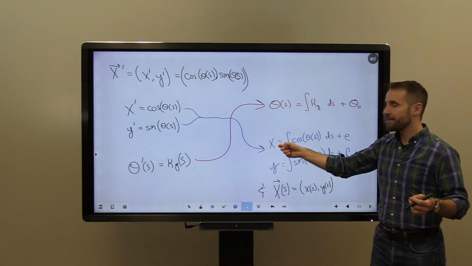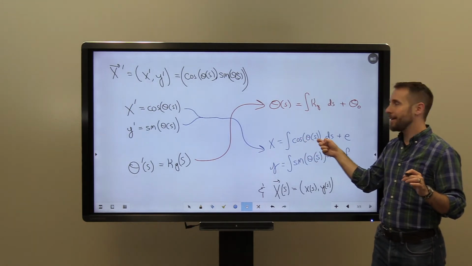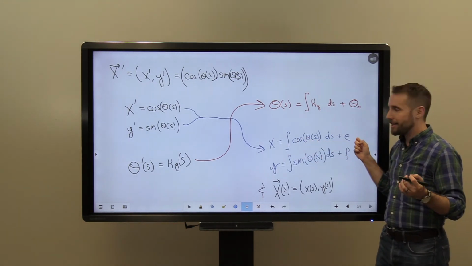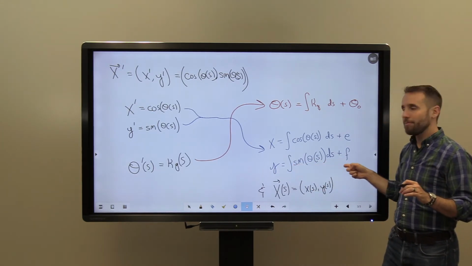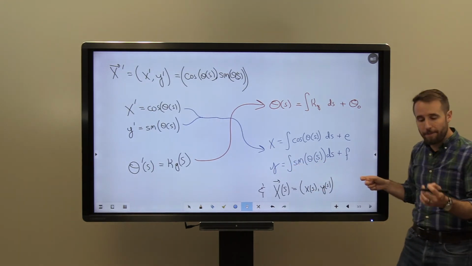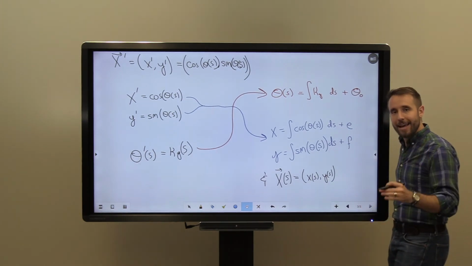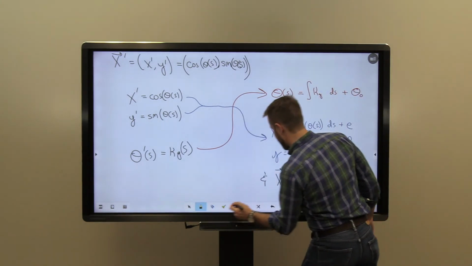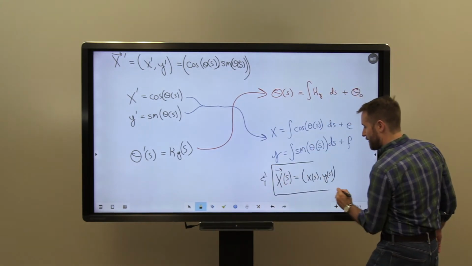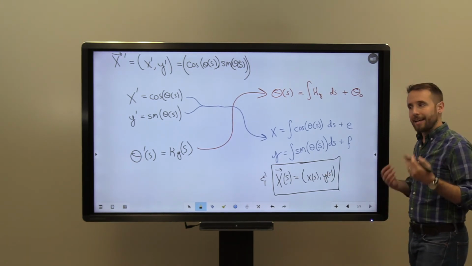So x of s, little x of s, is just the integral of cosine of theta plus a constant, and little y is just the integral of sine of theta plus a constant. And finally, we have that our capital X, our parametrized curve, parameterized by arc length, is just given by the x of s and the y of s that we previously calculated.